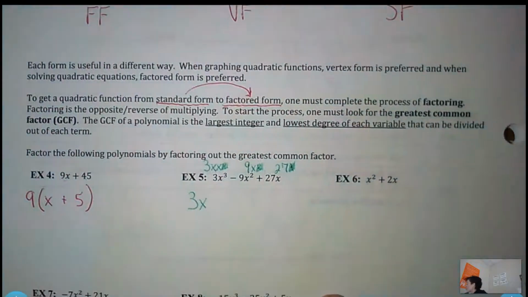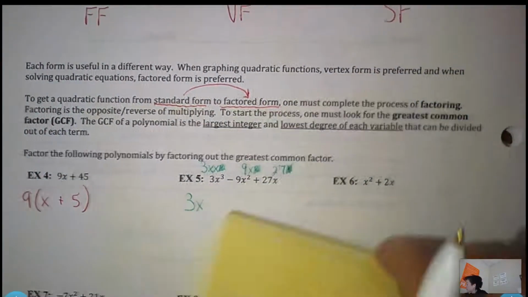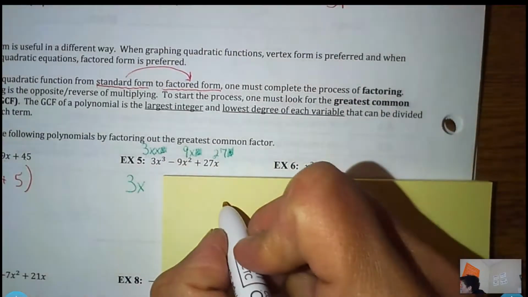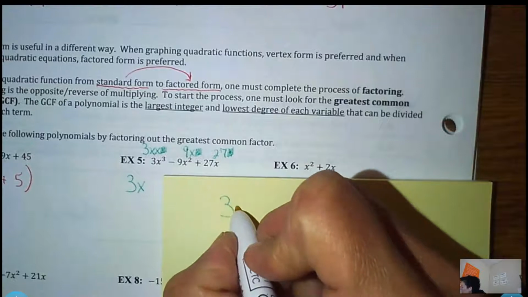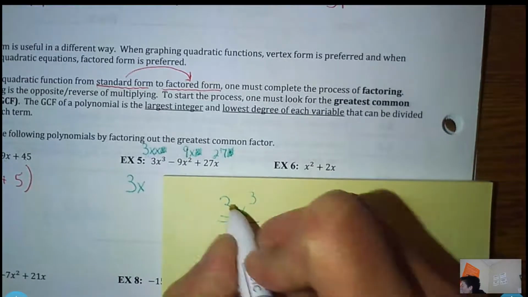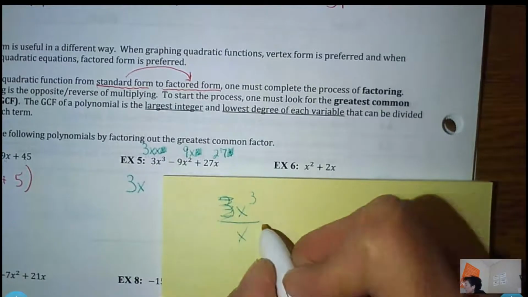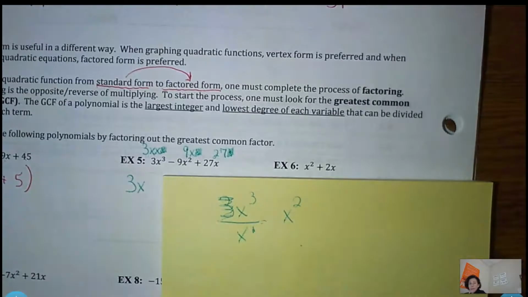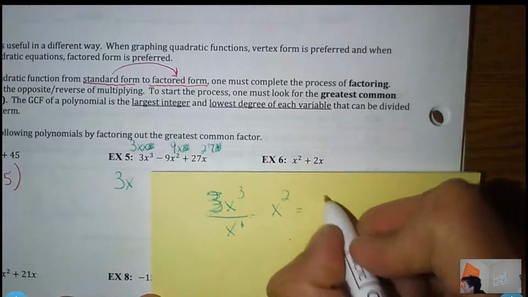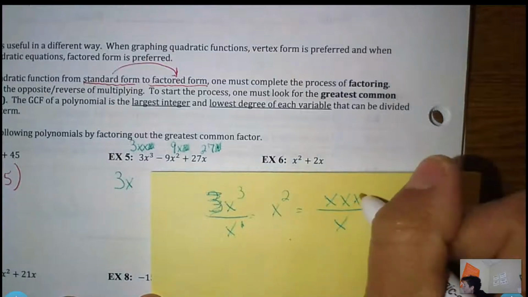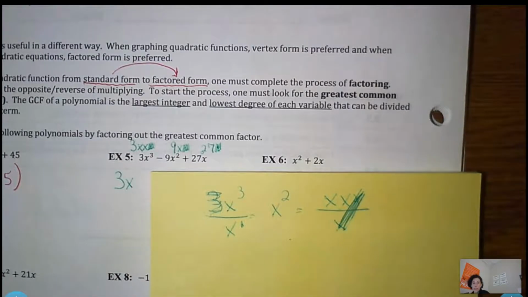So what this is doing is when you factor, and this is one of those exponent rules that we talked about in chapter 7, is when you factor out an x, you subtract the exponents. Because what's happening here is there are 3 x's in the numerator, 1 x in the denominator, and when they cancel out, you're left with 2.